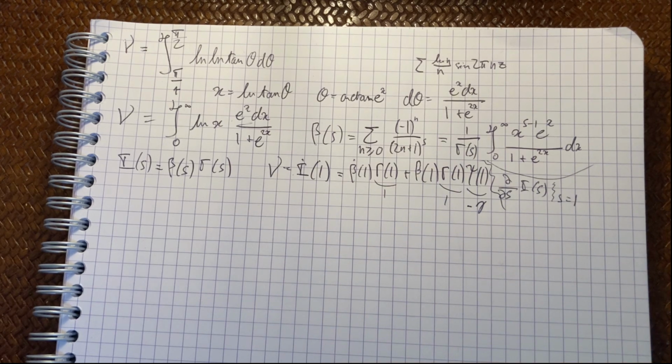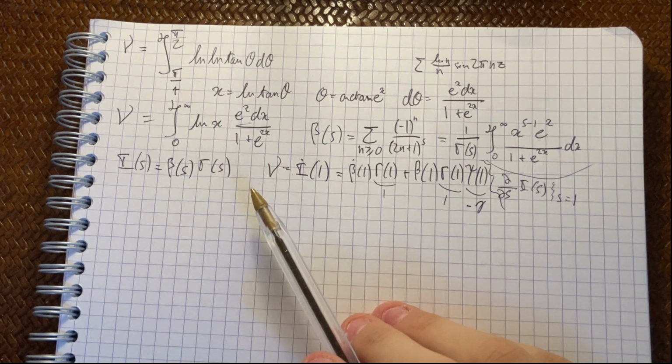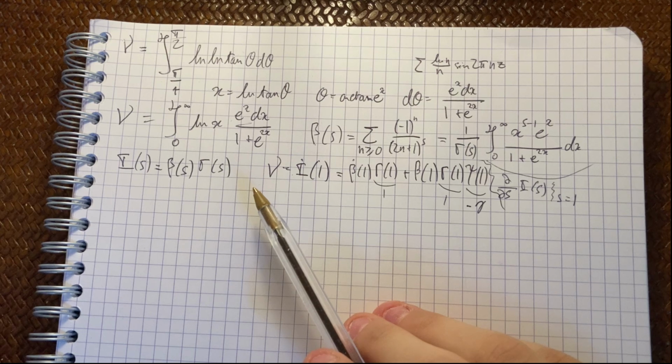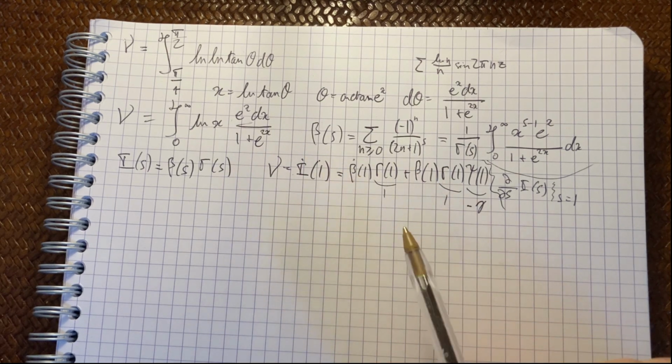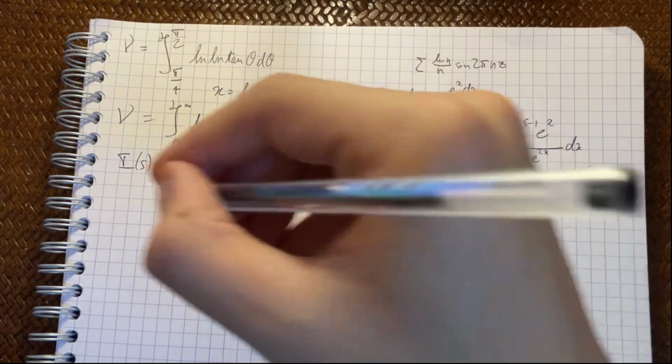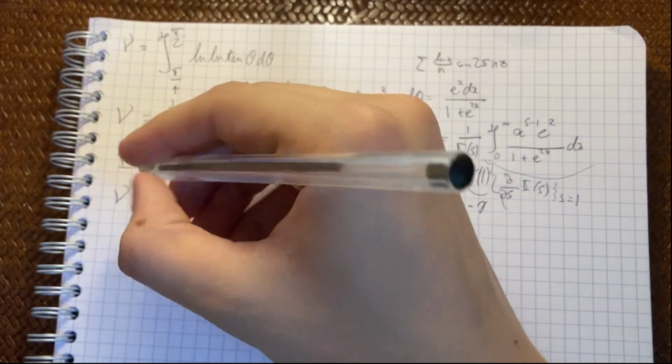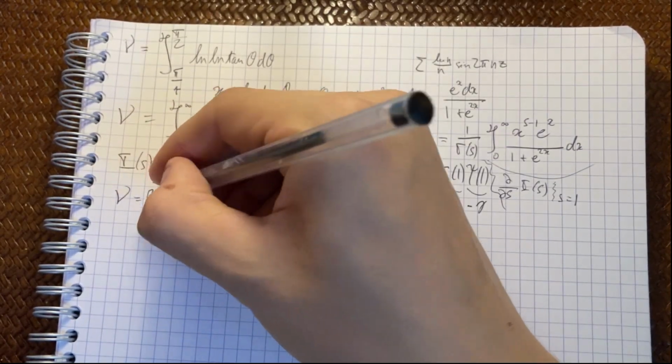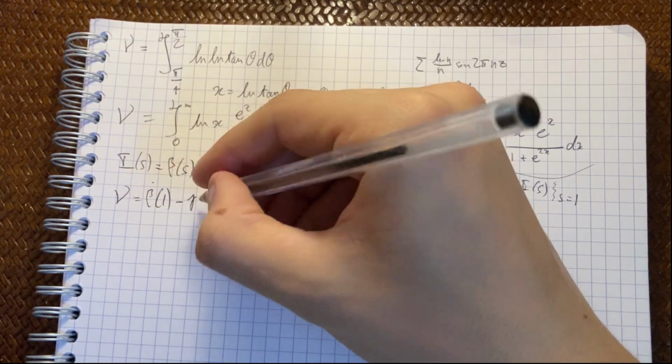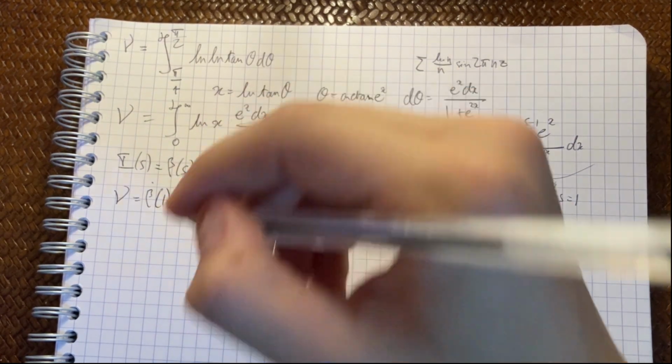Anyway, now we have expressed our integral V in terms of beta stuff only, and the Euler-Mascheroni constant. So we know that V equals beta dot of 1 minus gamma times beta of 1.